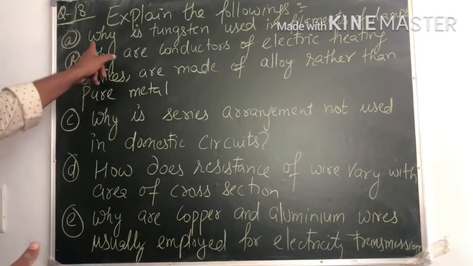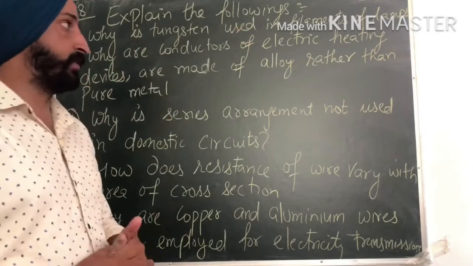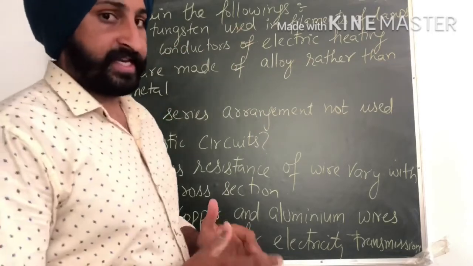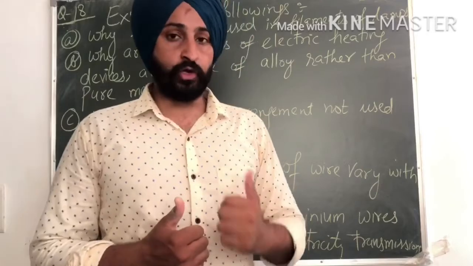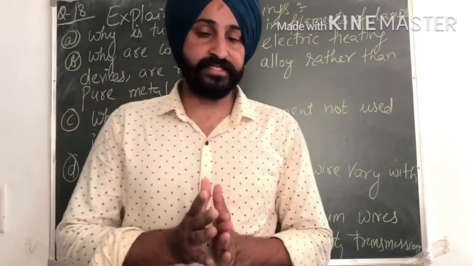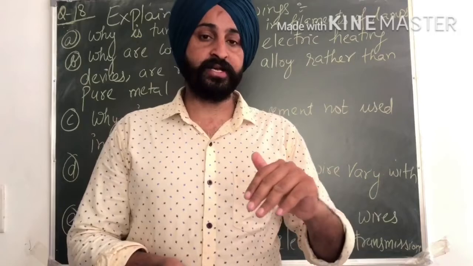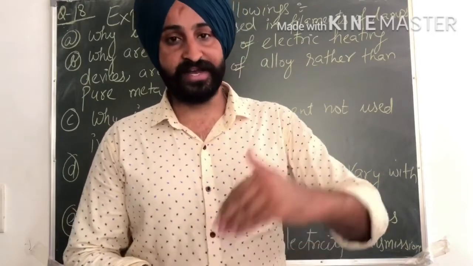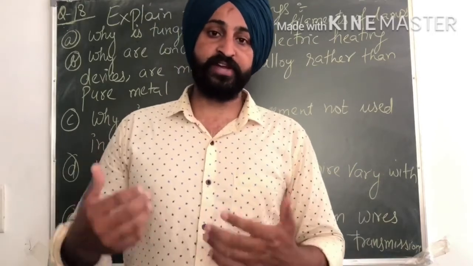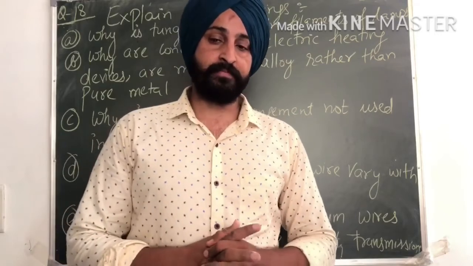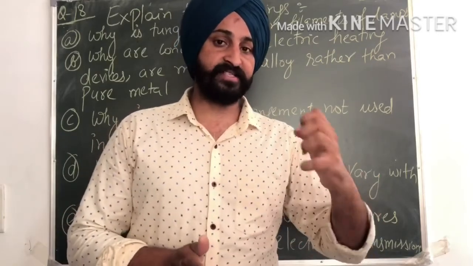So first part is, why is tungsten used in filaments of lamps? See, tungsten is actually an alloy, and for alloys the resistivity is quite large and the melting point is also higher. So what do we need for filaments? The current passes through the filaments and they glow.